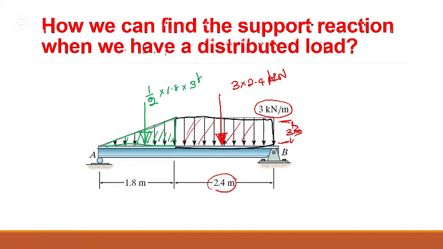So this many kilonewtons are acting from the triangularly distributed load, and this many kilonewtons are acting from the uniformly distributed load. So that's the magnitude. Is that clear, Phil?